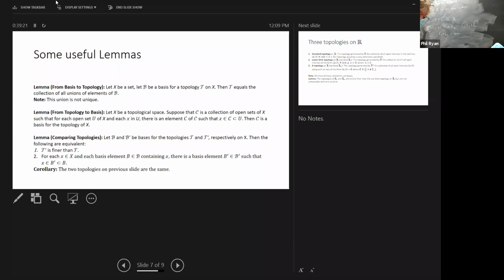So by the hypothesis, there exists a C3 such that x is in C3, and that's contained within C1 intersected with C2. Okay. And there's still one third thing left to prove. We've shown that C is a basis, but what haven't we shown? We're missing one thing.